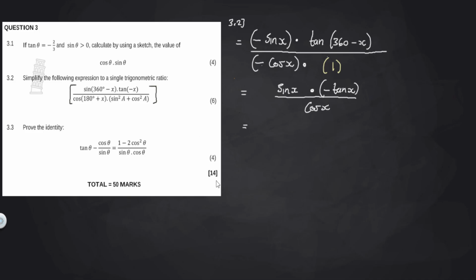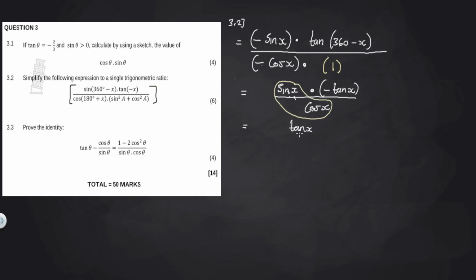Equal to, now. Look, sine x, when you divide by cos x, we are getting what? Tan x, isn't it? This is an identity.